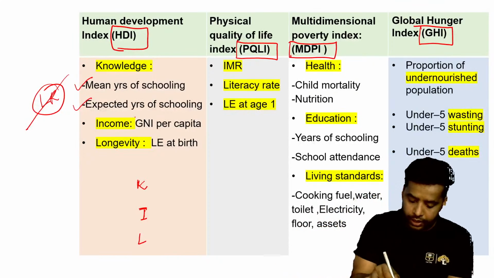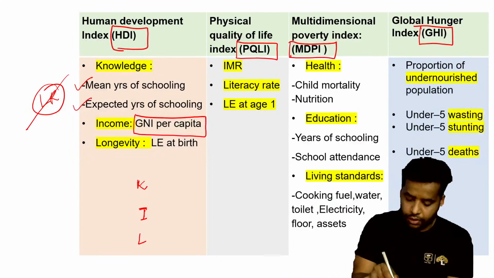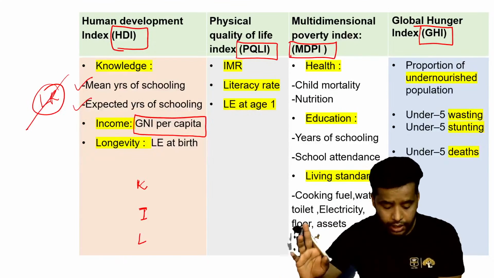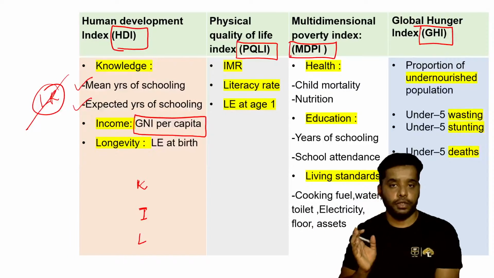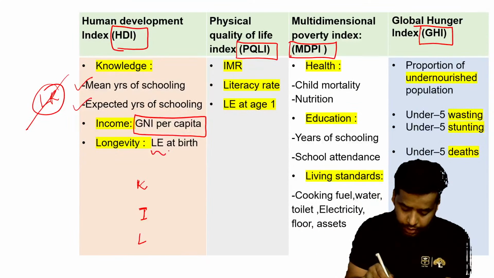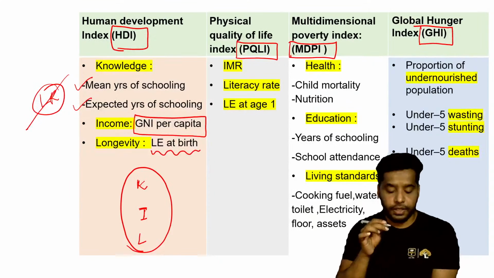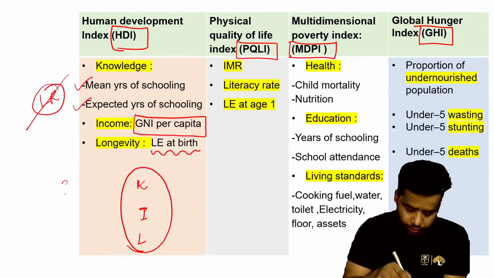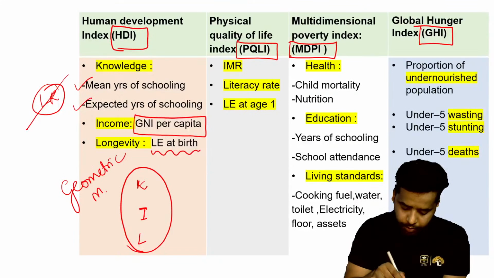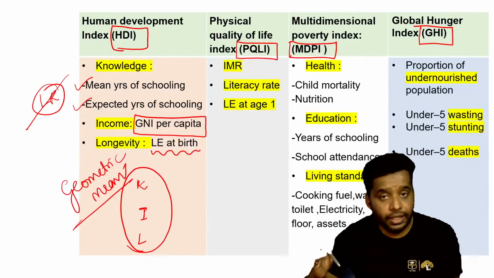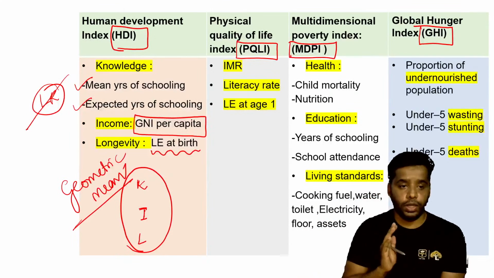For income, it is GNI, gross national income, not just GDP. It is GNI and life expectancy at birth. So overall, Human Development Index is the geometric mean of all the three dimensions, and you are comparing the standard of living between two countries.